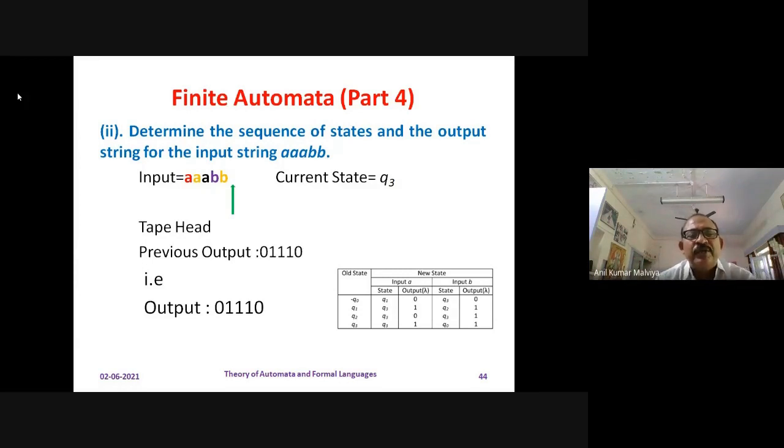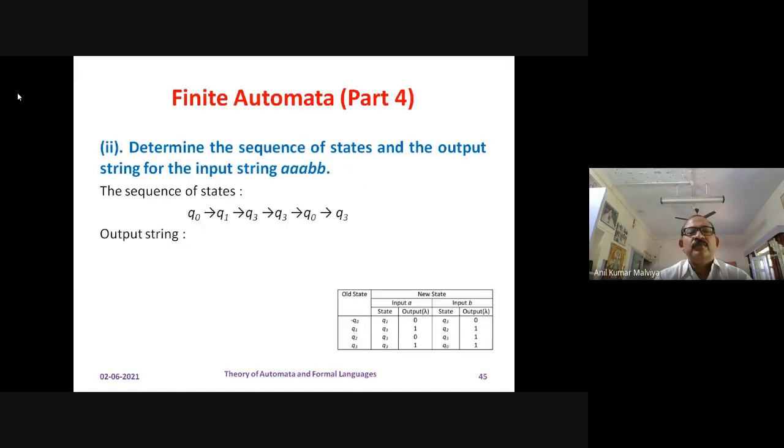On your screen this information will be available: 0 1 1 1 0 means machine takes AABB and it gives 0 1 1 0. The sequence of states during the movements of the machine for the input string AABB is Q0, Q1, Q3, Q3, Q0, Q3, and the output string is 0, 1, 1, 1, 0, that is 0, 1, 1, 0.